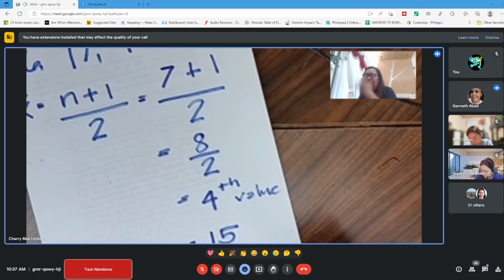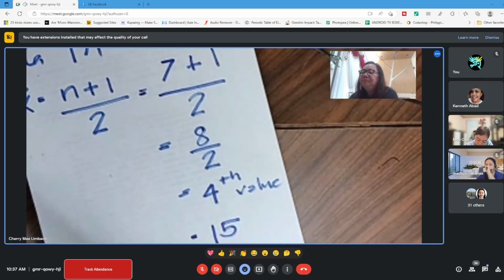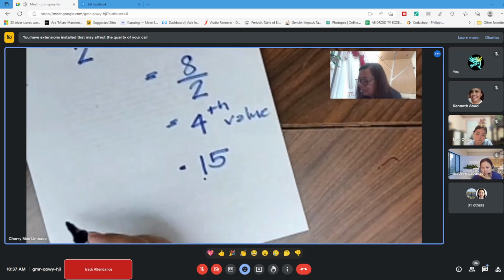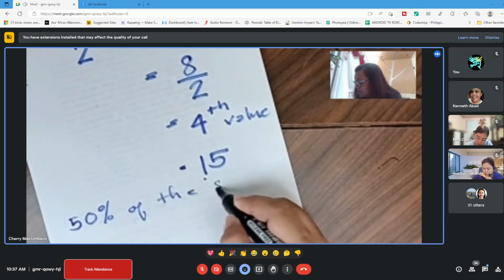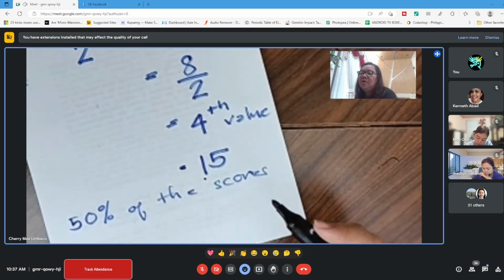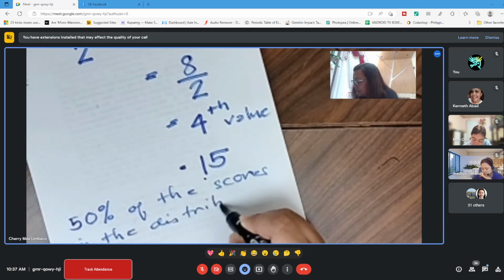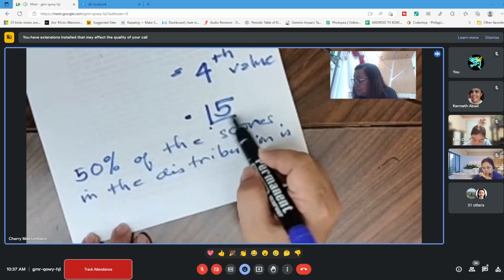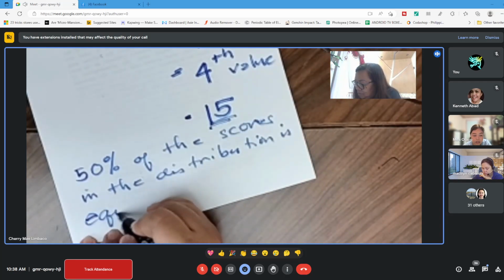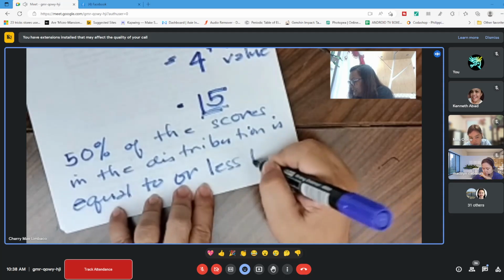In other words, if I interpret this, 15 means that 50% of the scores in the distribution are equal to or less than 15.